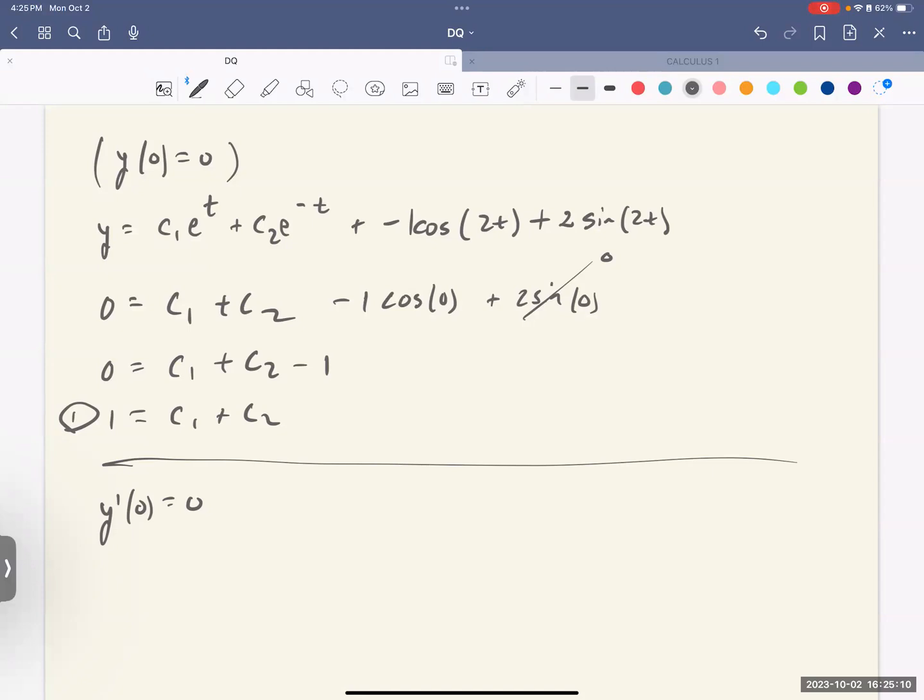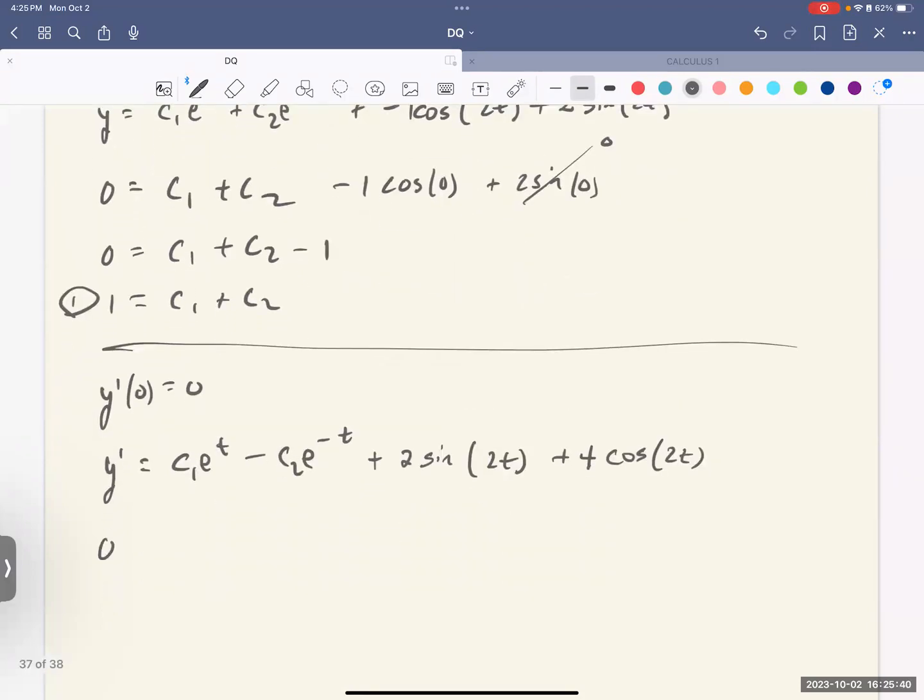So y prime, if we take the derivative of all of this, it would be c1 e to the t minus c2 e to the negative t plus 2 cosine 2t plus 4, actually plus 2 sine 2t plus 4 cosine 2t.